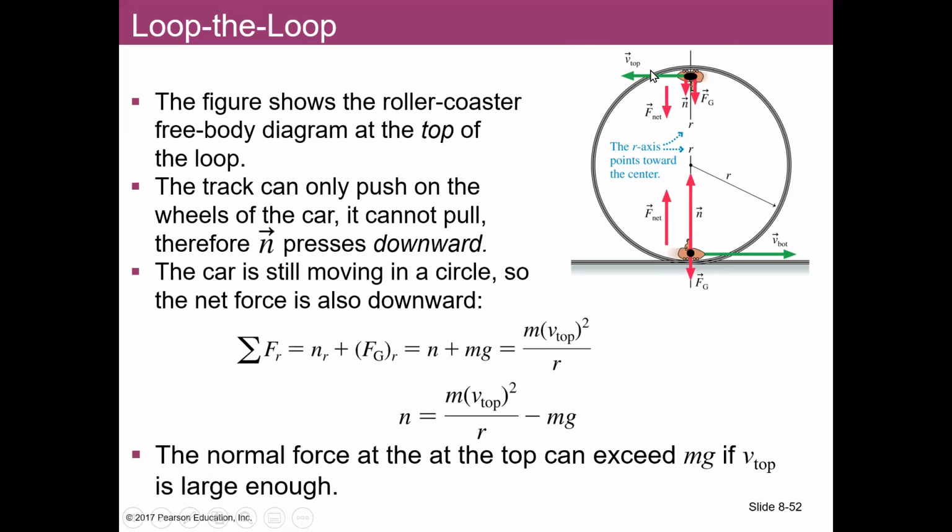T, I guess, would point to the left, and then Z points in or out of the screen. The equation would be plus normal force plus mg. This is a rare instance where the normal force adds with gravity to give us our net force, which for circular motion is still mv squared over r.